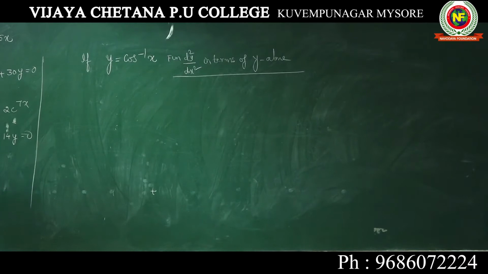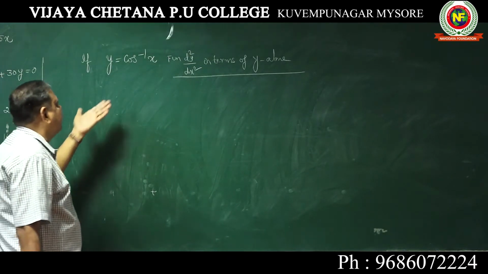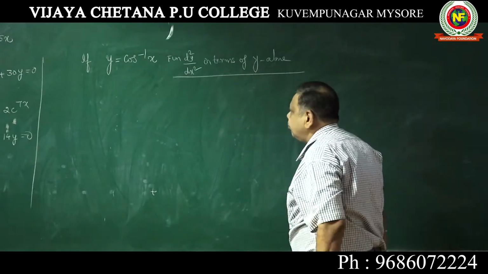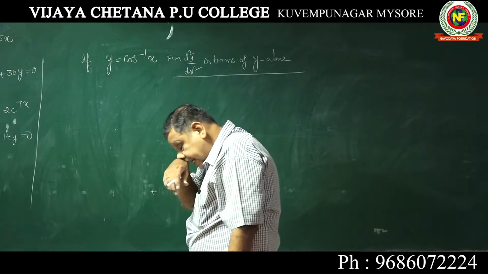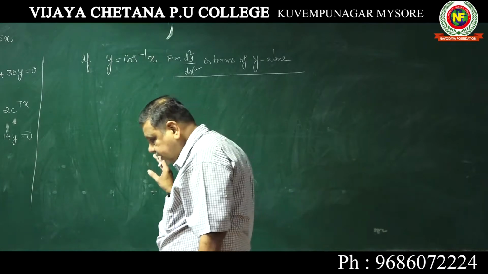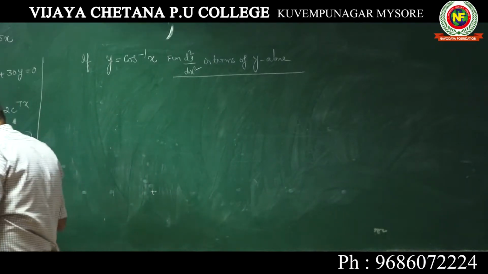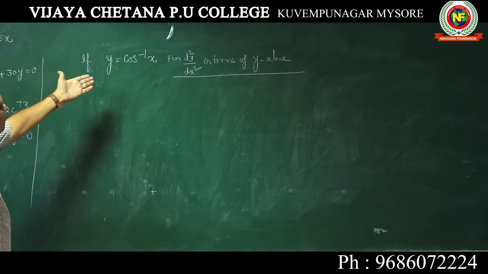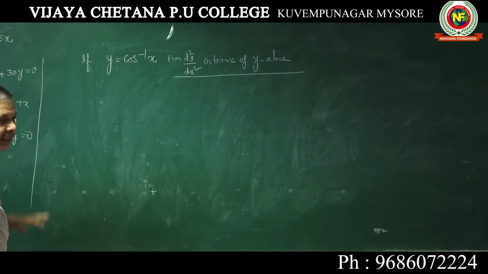That means there should not be any x. You should not see any x term because x is given, but you have to find it in terms of y alone. These questions have not been asked till date, but it is not ruled out. They may ask because it is given in your textbook. 99% they will give what we have done, but you cannot rule out that this will not be asked.